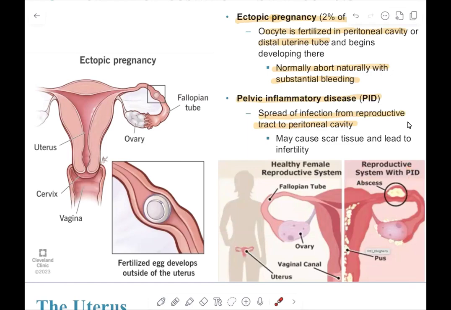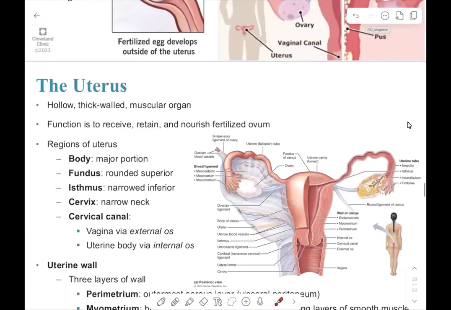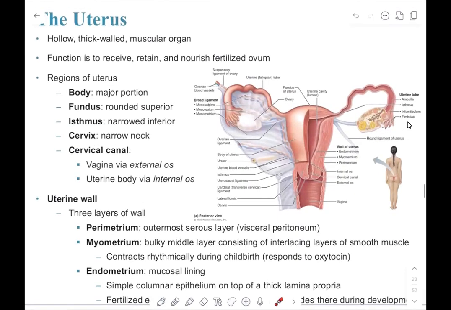There is an abscess in the uterine tube, probably more in the isthmus region. There's some irregularity surrounding the ovary, and there's also pus found in the majority of the uterus and also the vaginal canal.